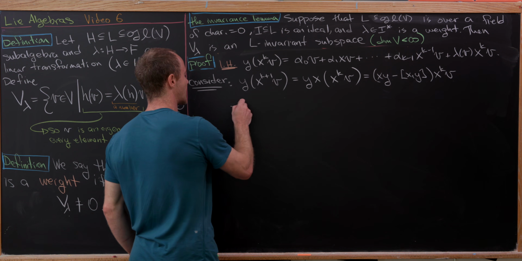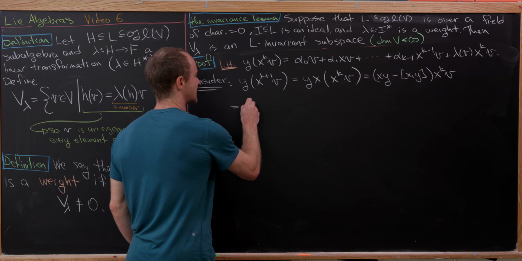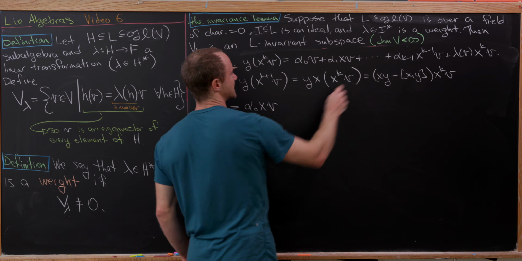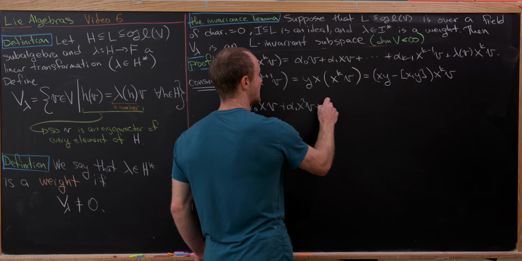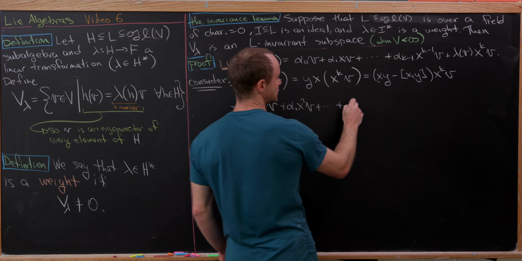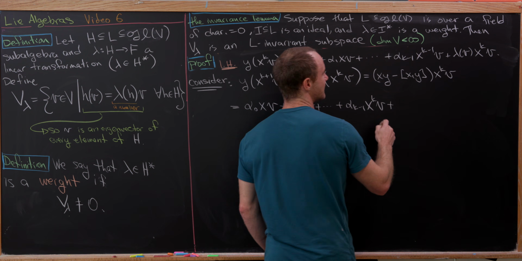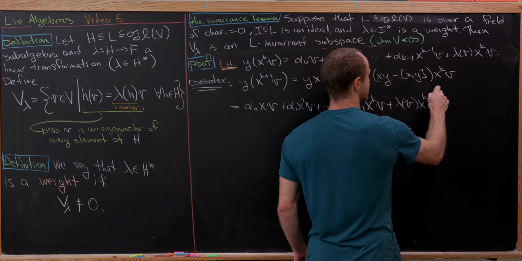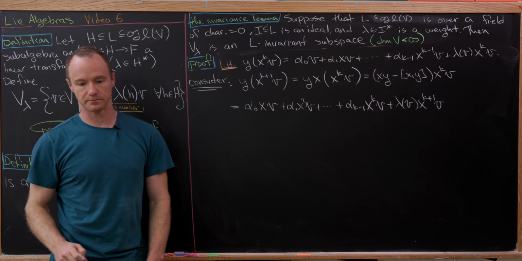So let's write that bit first. That's going to give us something like this: alpha naught xv, because we've got this extra copy of x, plus alpha 1 x squared v, added all the way up to alpha k minus 1 x to the k v, and then finally lambda of v times x to the k plus 1 v. But that's just from this first term.